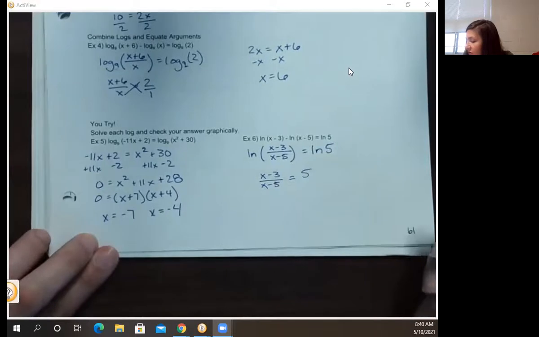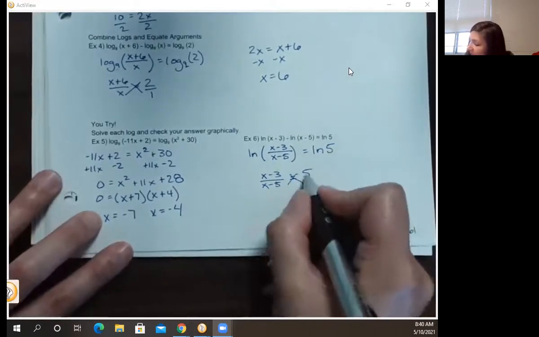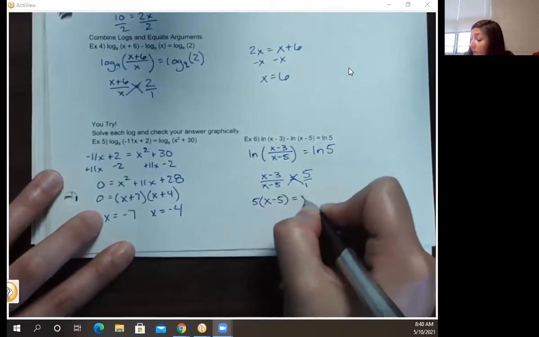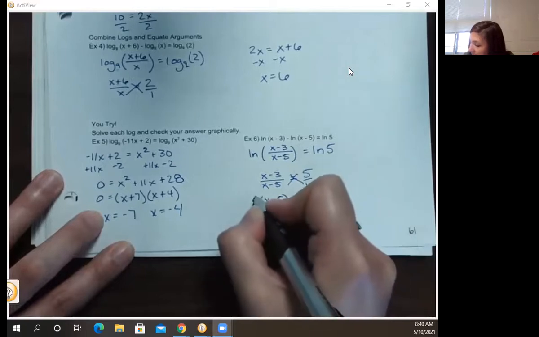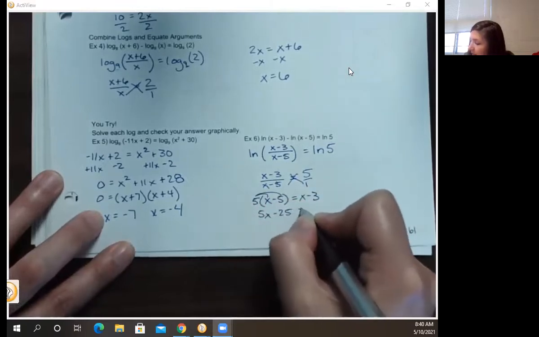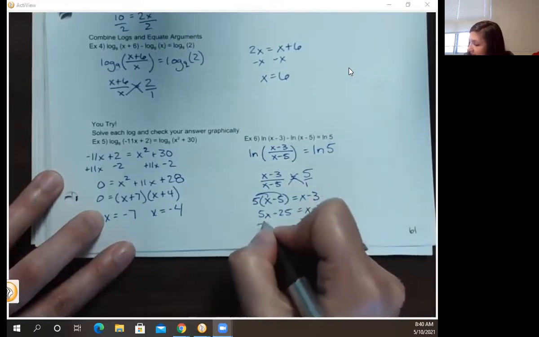And again, I have a little rational function here. So I'm going to write the 5 as over 1 and cross multiply. So this would be 5 times x minus 5 equals x minus 3. You need to distribute here. So that would be 5x minus 25 equals x minus 3. I'm going to move the x's to the same side.